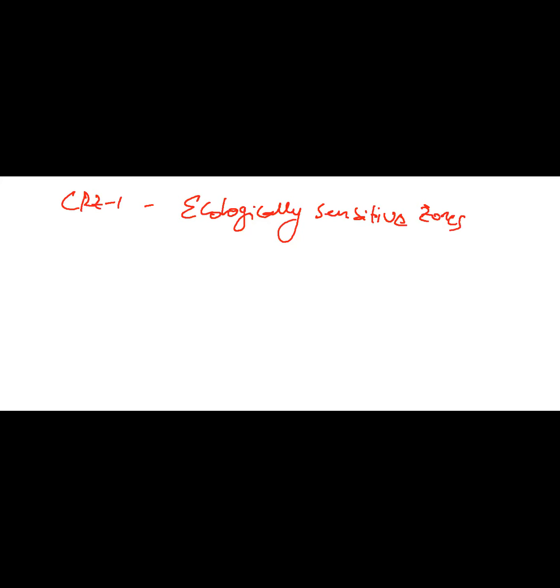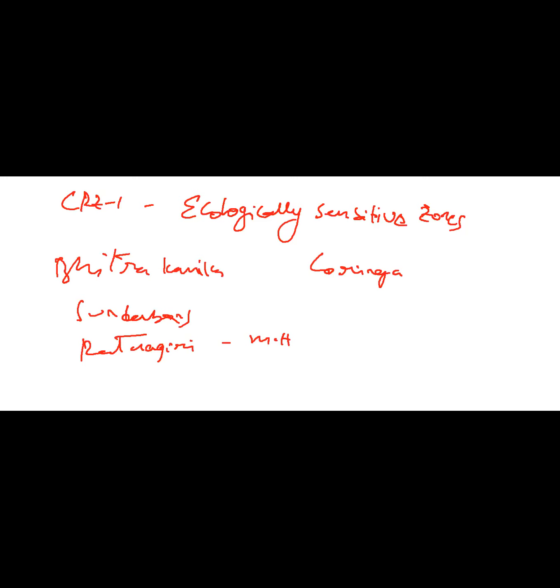In Andhra Pradesh, we have this in East Godavari, Krishna, that is Koringa. In Odisha we have Bhitarkanika. Sundarbans. And we have Ratnagiri Hills, Maharashtra. And I told you Koringa also. These are some of the ecologically very sensitive areas. So all these ecologically sensitive areas are kept under the first zone, called coastal regulation zone 1.